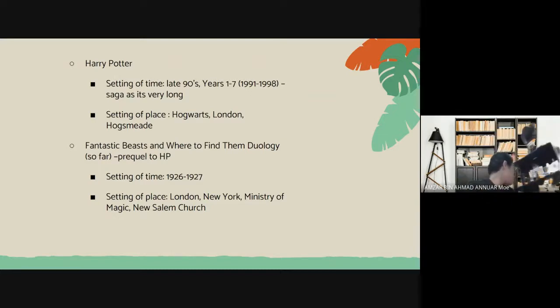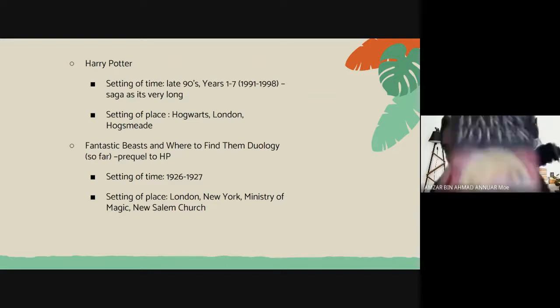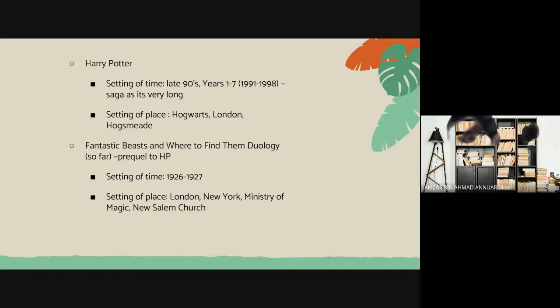Now I'll show you one book of it, the last book. It's been a long time since I have read Harry Potter also. Okay, now this is an example of Harry Potter book. I bought this when I was in Form 2. Alamak, tak nampak. Nampak tak?